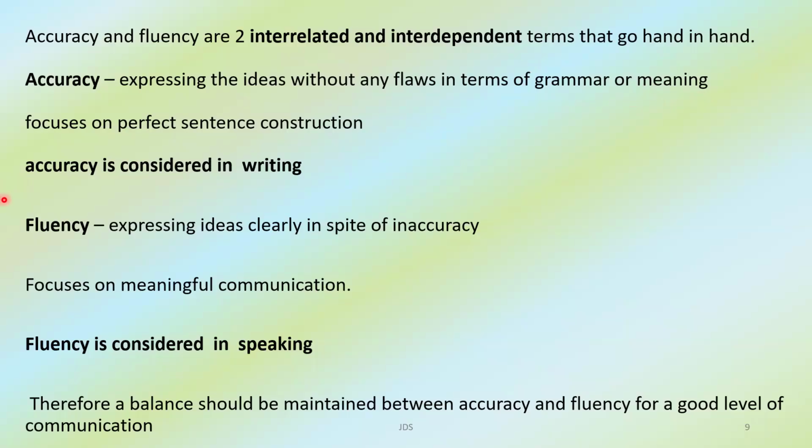You should have accuracy in spoken skill as well, but mostly it's observed in writing skill. Grammar and meaning, having accurate grammar and meaning is known to be accuracy. Focuses on perfect sentence construction. Accuracy is considered in writing.